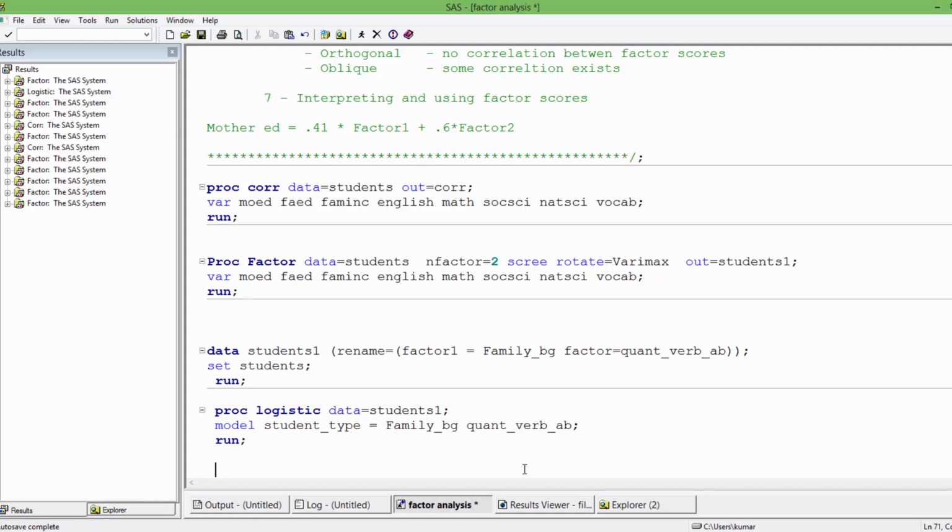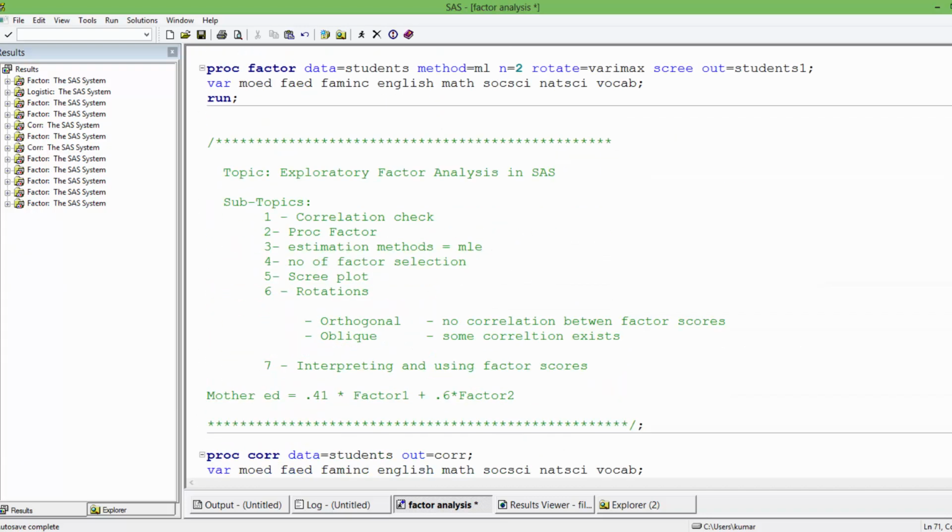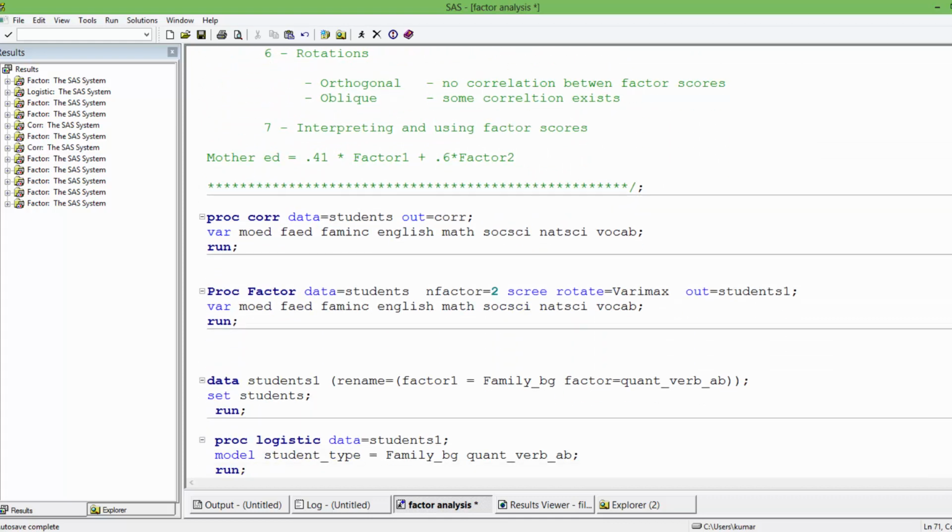That's how we perform factor analysis. To summarize, we start with correlation. We check for correlation first, and then if we find high correlation, we go in for factor analysis. In factor analysis, we use so many variables and then come up with a few factors. We can save the factor score in a different data set and use it for further analysis.